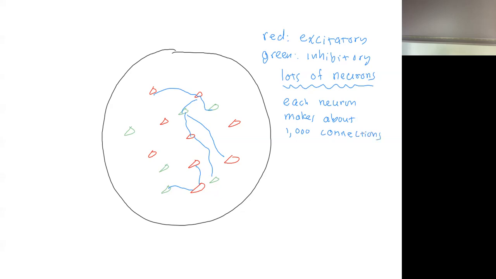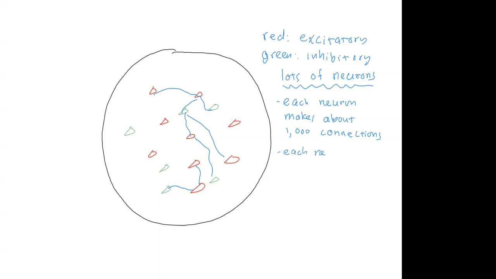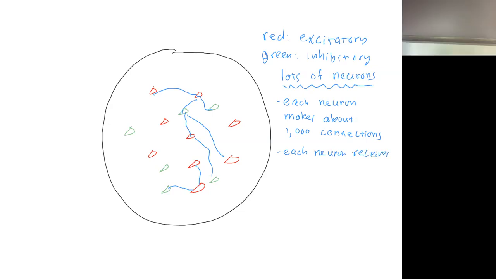So that means each neuron receives about 1,000 excitatory connections or excitatory inputs, and about 1,000 inhibitory inputs.